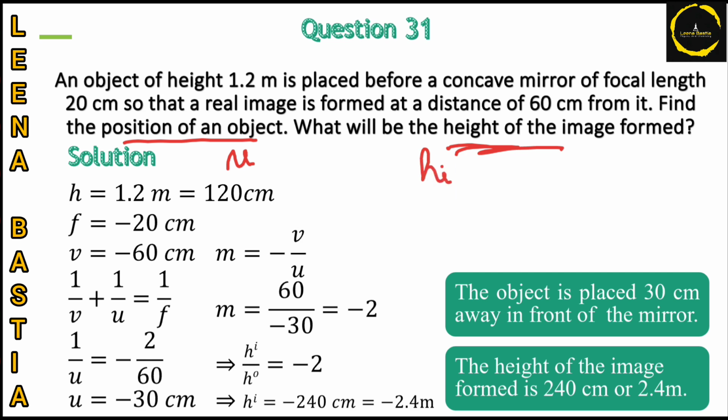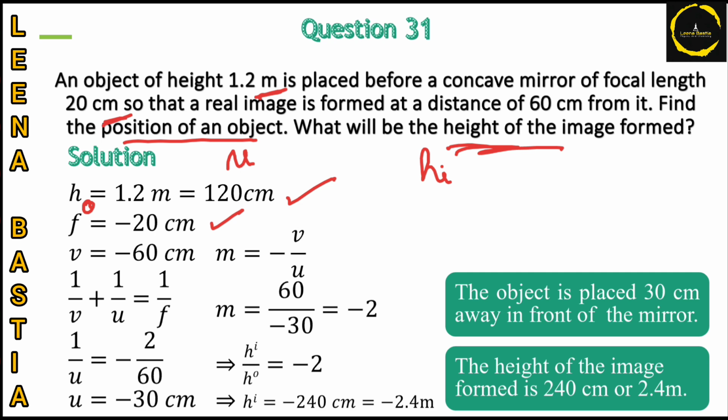Now first of all, children, whenever there is a numerical, you have to check the units. The height is in meter, these are in centimeter. So first of all, HO, the object height, is given. HO you have to write always, don't forget. So 1.2 meter, I am converting into 120 centimeter. Focal length is also given, 20 centimeter, so here it is minus 20.